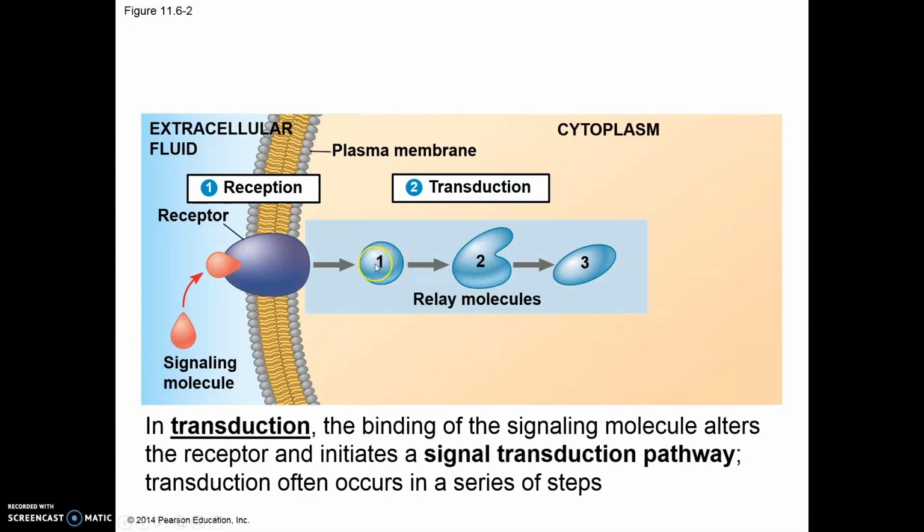Protein 1 is now active and then can phosphorylate protein 2, which is now active and then can phosphorylate protein 3. This is one example. There are other times where we release some type of small molecule. Calcium ions are often used as a signaling molecule.